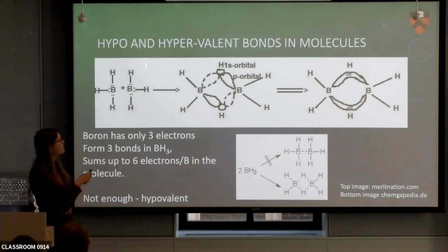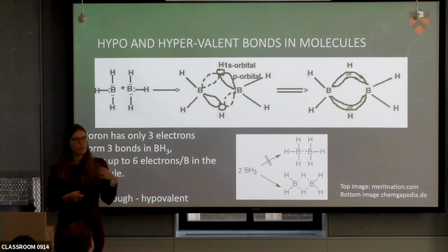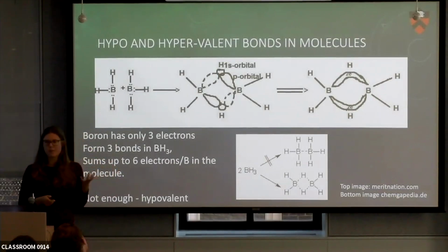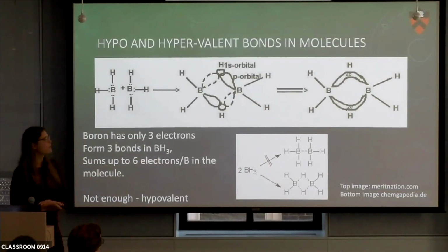And because of this, 2 of these BH3s form dimers, where they bridge over 1 hydrogen atom, and 2 electrons bridge these 3 atoms here in this dimerized molecule. So here I have some delocalization over a shorter range. And so I was wondering if these kinds of chemical bonds can be used in a solid, or found in an extended solid and then have the same results as in graphene.